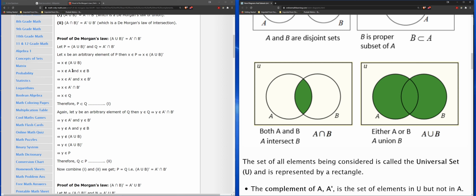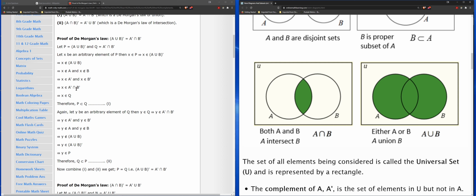And then once you go from here to here, you're more or less done. Because if X doesn't belong to A, that is equivalent to saying that X belongs to A complement, and X doesn't belong to B means that X belongs to B complement. And if X belongs to A complement and X belongs to B complement, it means that X belongs to the intersection of A complement and B complement.